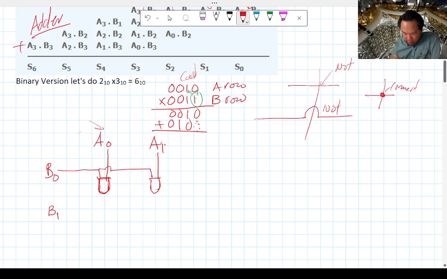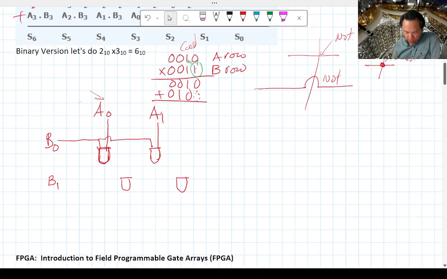Okay, the second row, remember we're going to have to shift things over, but we still have to take the input from A0, and A1 along with it. So what I'm going to do is have these gates slightly shifted. I'm going to try to draw this properly. Okay, 2 more AND gates.